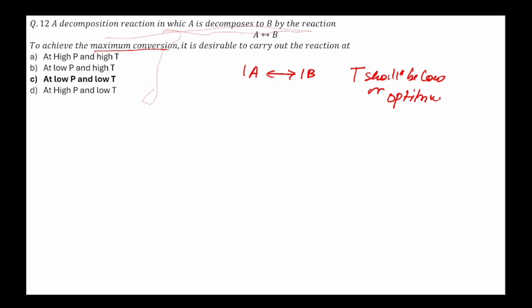The word optimum means the T should not be so high that it may go back to the reactant side. So low T will be preferable. Since the moles are the same, low pressure is required. The concept of moles decreasing or increasing is according to the Le Chatelier principle.